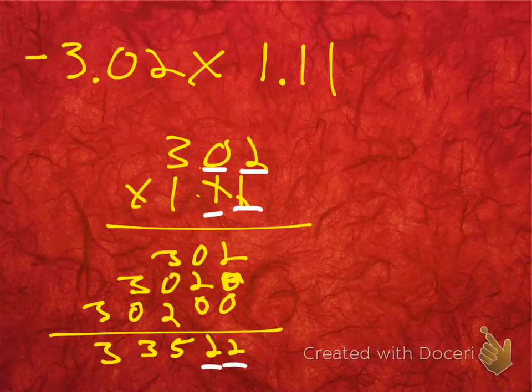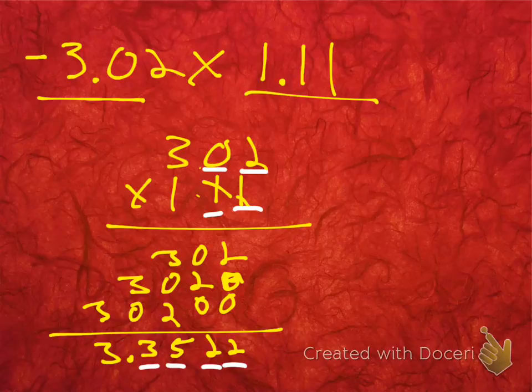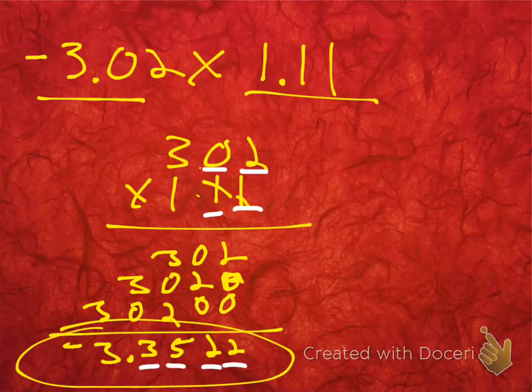So I need 4 decimal places down here. Now, were my signs the same or different? So what does that mean for my answer? It's going to be a negative. There you go. Again, positive and negative rules still apply. You just got to count your decimal places. This is something you should have learned years ago. Most of you are not bad at this, but again, we've got to make sure we cover our bases. Any questions on multiplication?